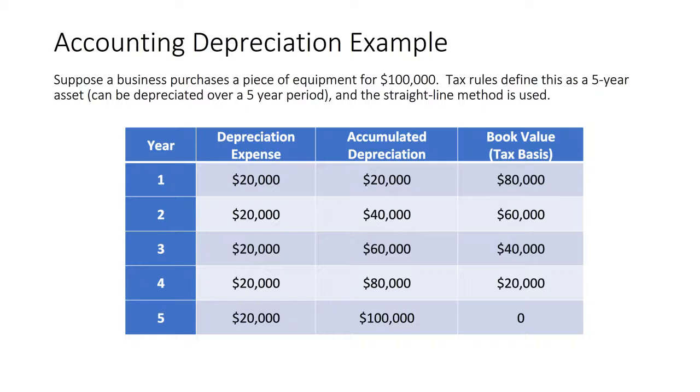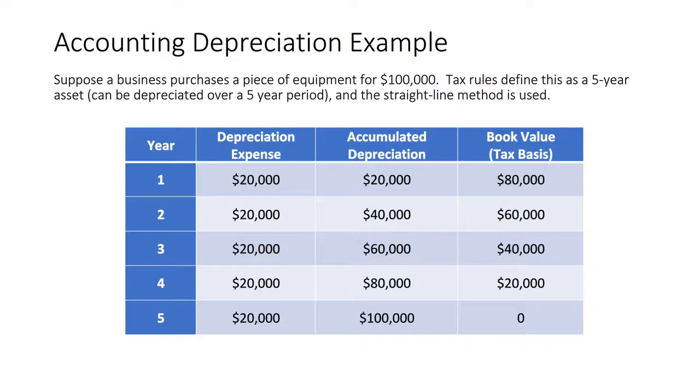And then completing this simple depreciation schedule using that straight line method, you can see what years 3, 4, and finally year 5 would look like in terms of accumulated depreciation and the book value of this asset. So in year 3, we take $20,000 in depreciation expense.